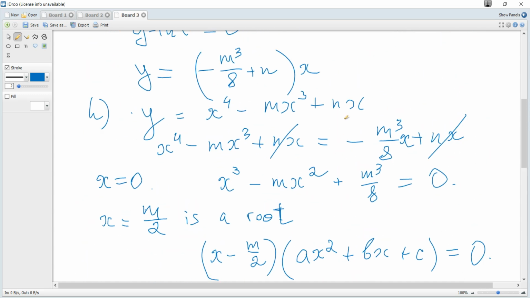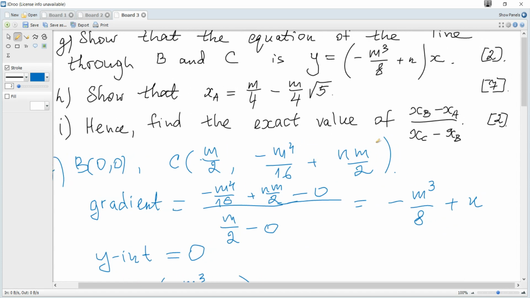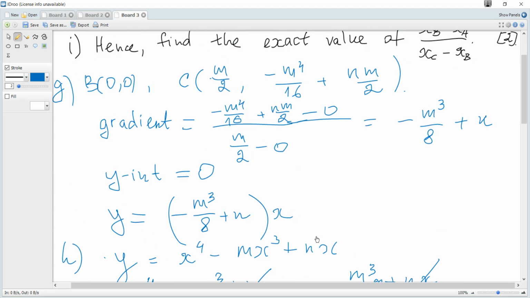And the last question: hence find the exact value of xb minus xa over xc minus xb. 2 marks, absolutely easy.